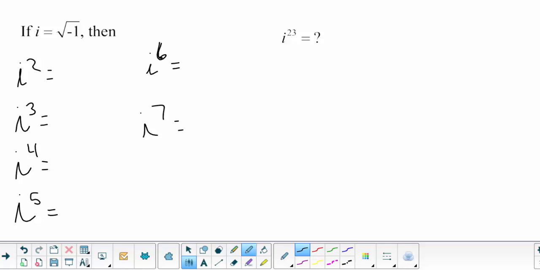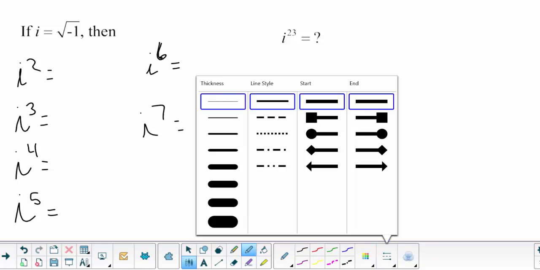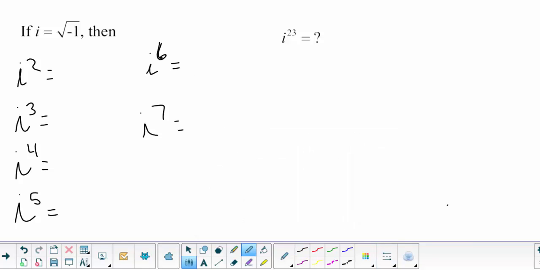All right, so there is something else that we should be paying attention to. This might pop up on the ACT for you. They like to throw these i questions in. There's a pattern to how i grows. If i is the square root of -1, what do you think i squared is? Well, let's square i. i is the square root of -1.